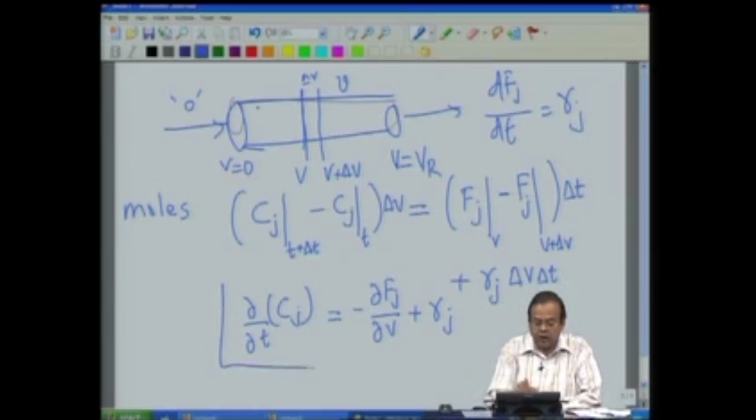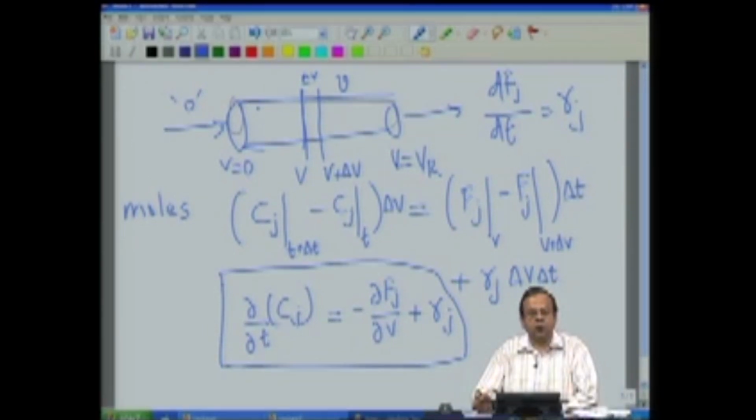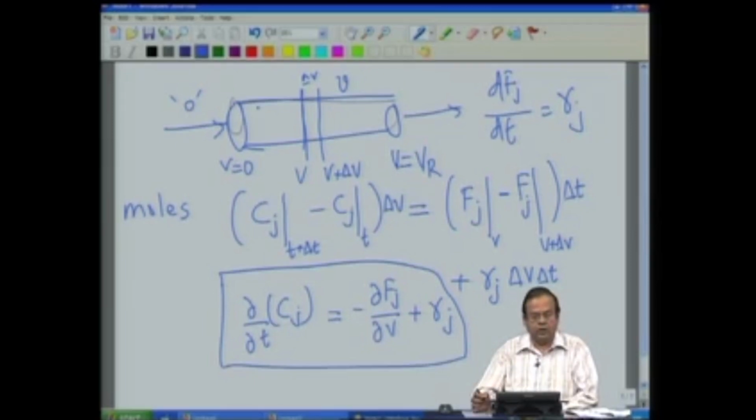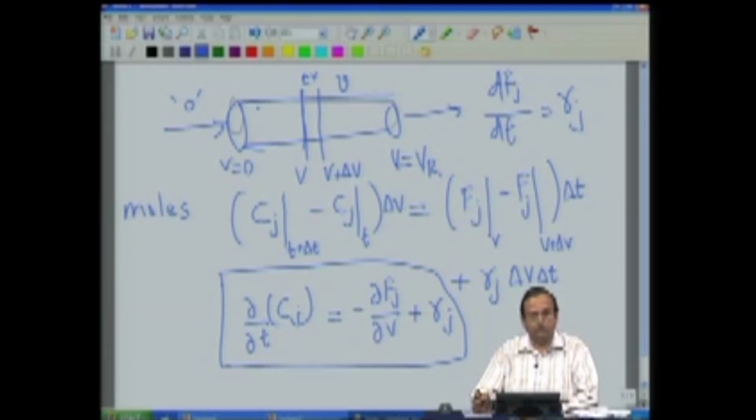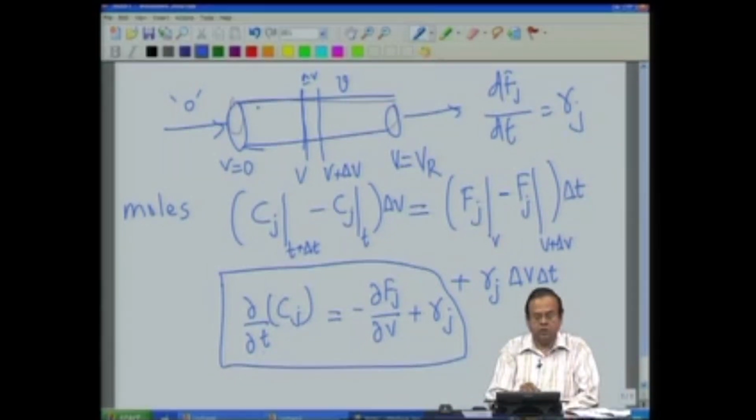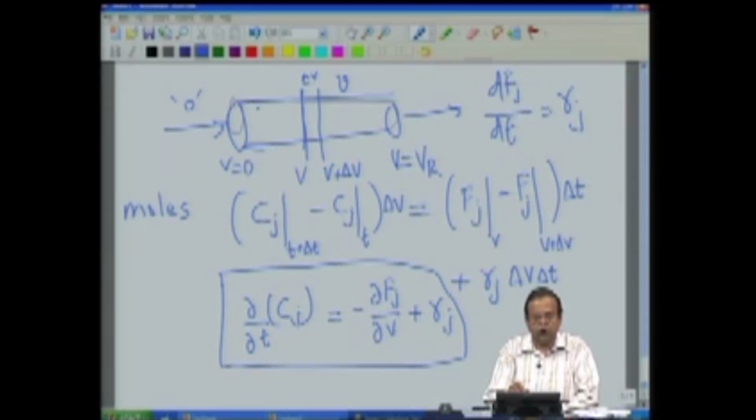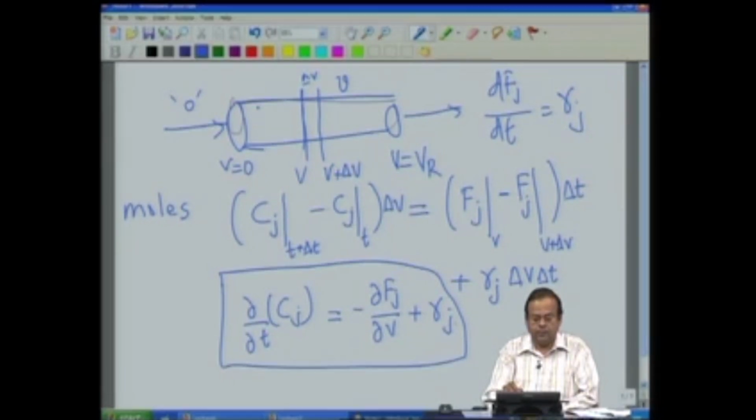So, this is our unsteady state mass balance equation for an ideal plug flow reactor, that is the accumulation, the change of moles, plus in and out plus generated.